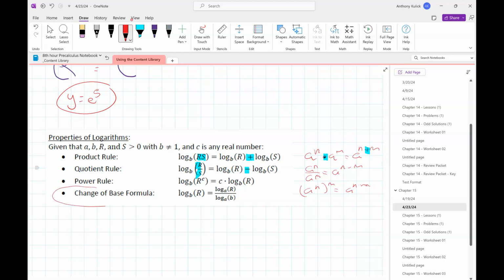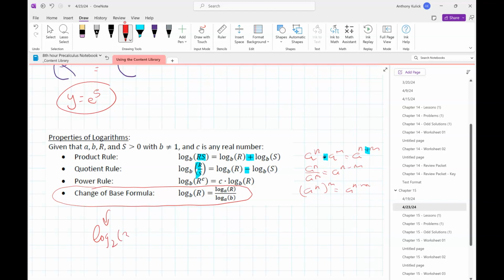And this last one, this change of base formula, is one that Mr. Kulik as a student used a ton of. You guys will probably never use it. The difference is the technology that we had available to us. When I was a student sitting where you are sitting right now, we did not have a calculator that could do log base 2 of 3.